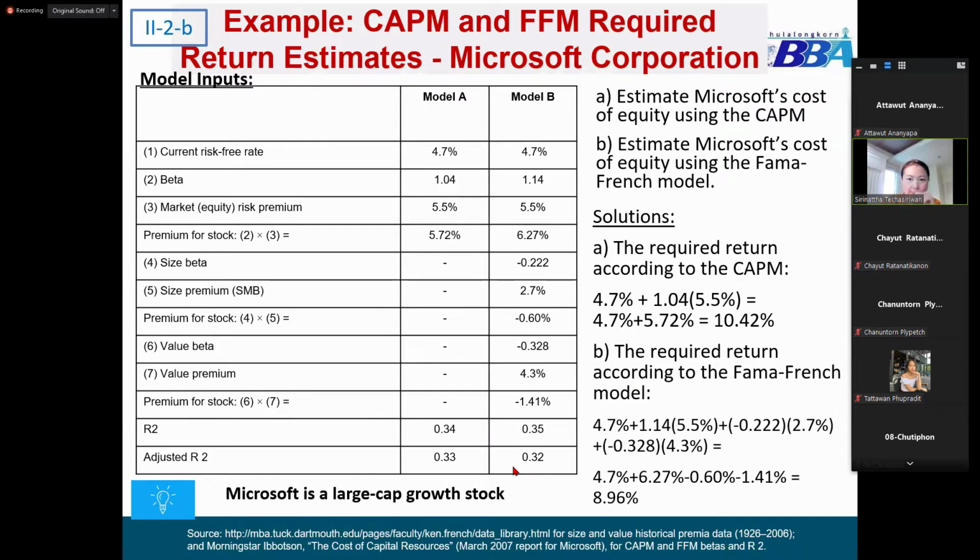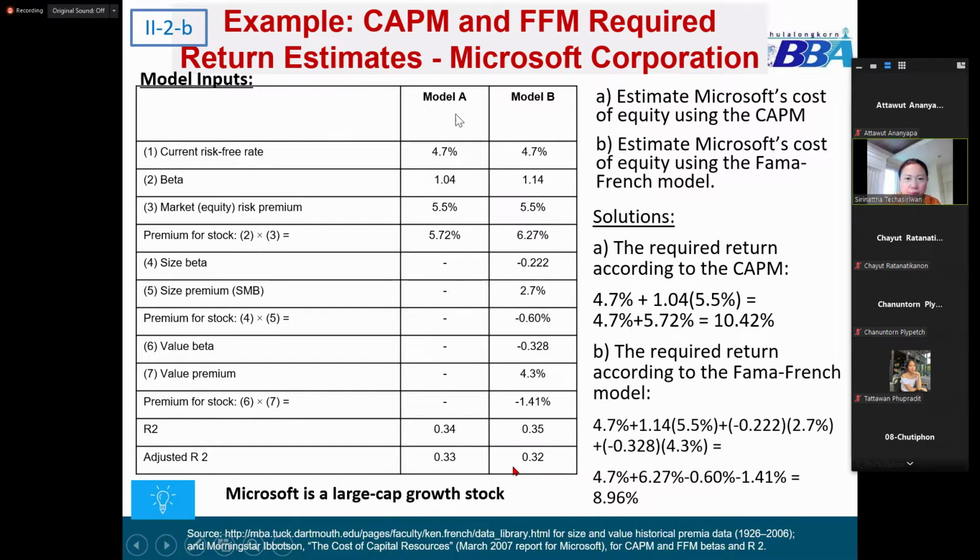Okay, so let's look at this example to give you more understanding. This is from the textbook. These are the models, the output from the regression, which will become the inputs of the Fama French model.